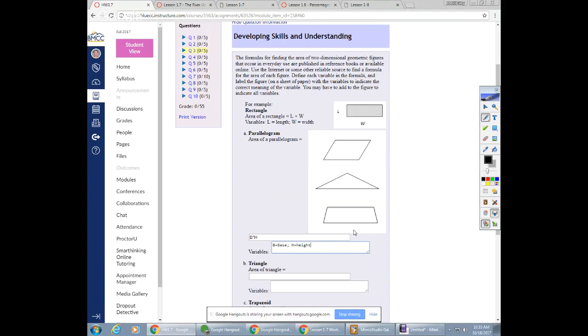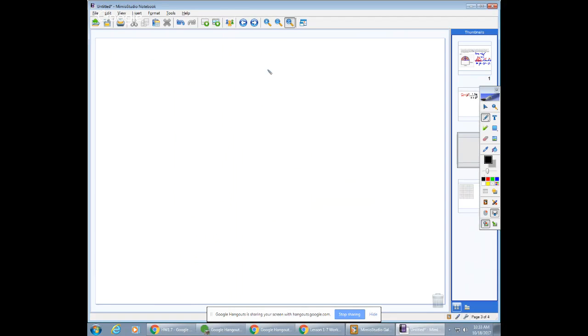And by the way, that is true. A parallelogram is a lot like a rectangle. If you know the height of the rectangle, and the height is just the perpendicular distance to the base, then you've got yourself the area. I'm just going to draw that in here for fun.